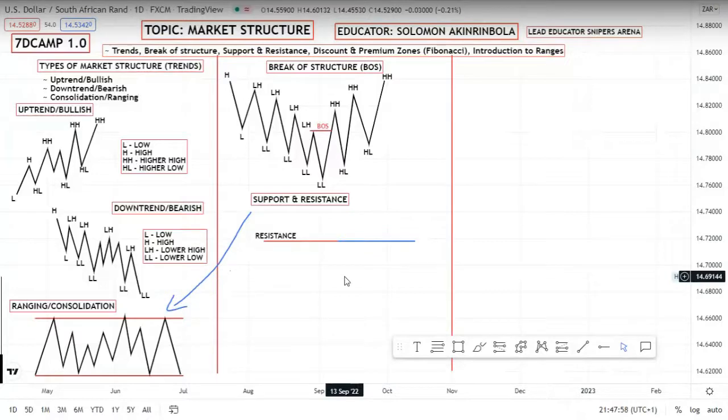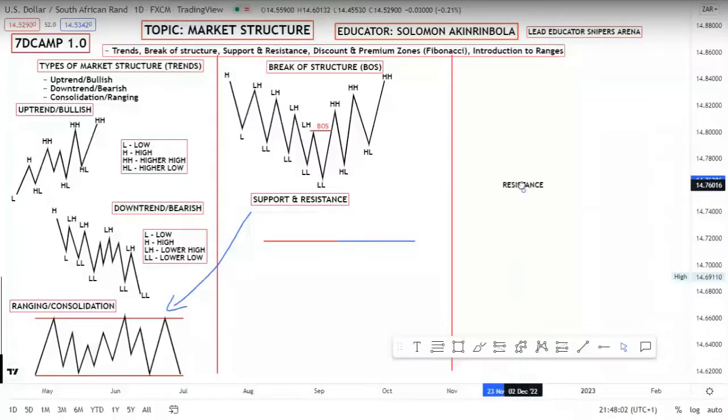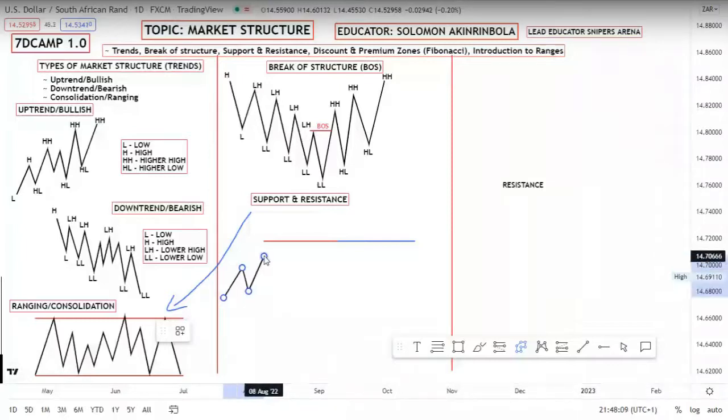So now we have this chart coming, high, low, high, low. Resistance. Broke through.